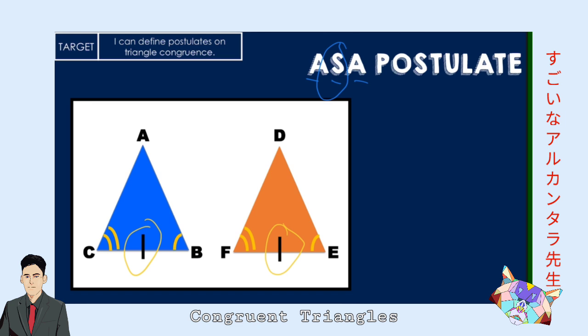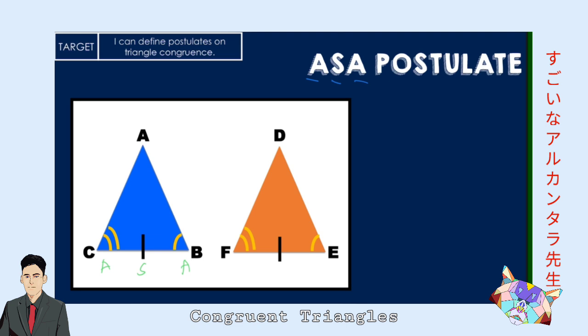So that's ASA. Now, if you're tired like me, what you can do to identify it without memorizing the names of the postulates and theorems is go to the given. If there's no labeling, or when there's a label already, just put the letters. So there's an angle in C, a side here in BC, an angle in B. So it's ASA already.